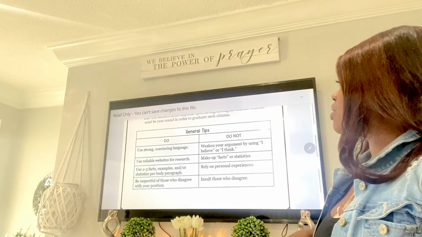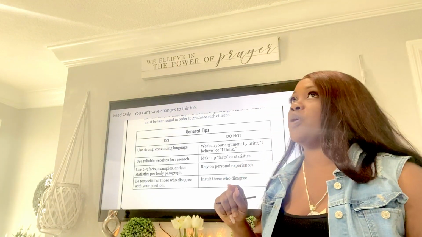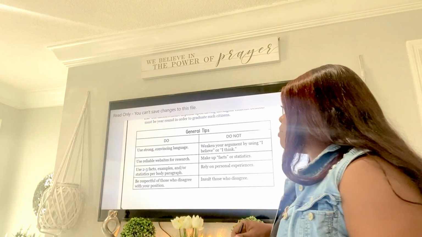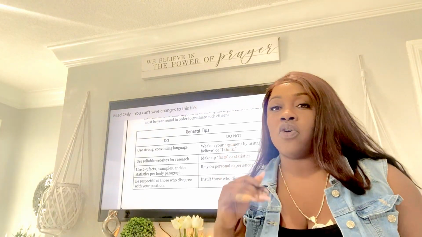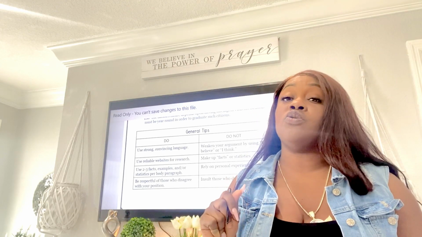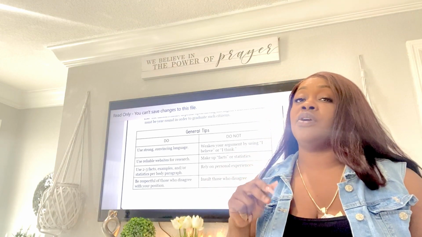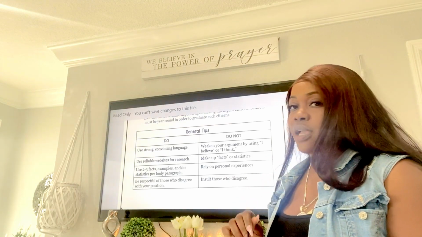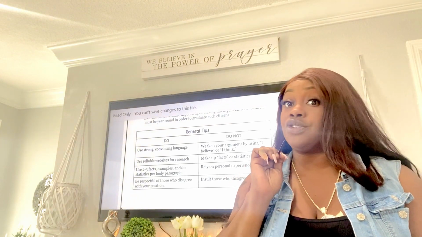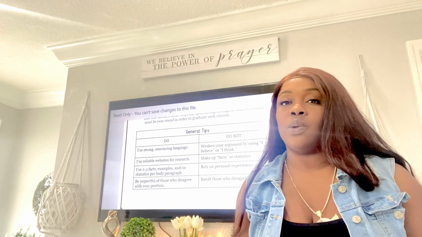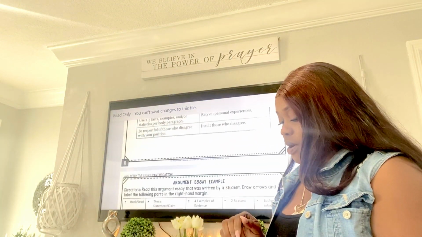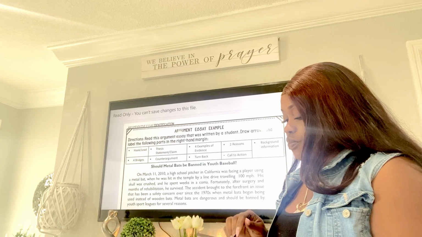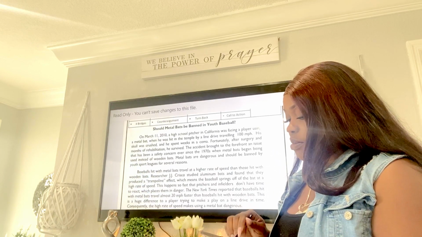State 2 to 3 facts or examples in each body part of your paragraph, and be respectful to the thoughts and the research that you have gathered. Be respectful to their ideas, and then you can do a turn back. Do not insult those that disagree with you.